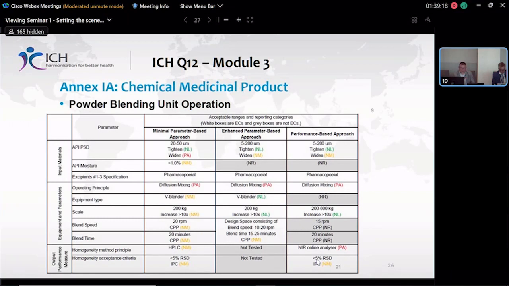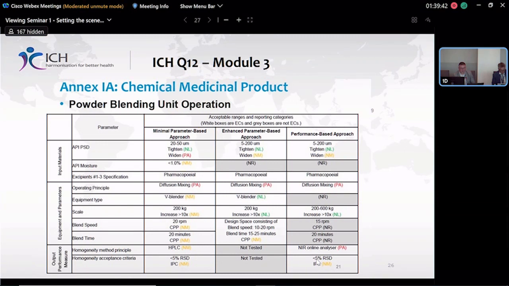They've made more pilot scale. They've investigated the different combinations of input material, quality attributes, and they've concluded on a very clear risk-based definition of established conditions.